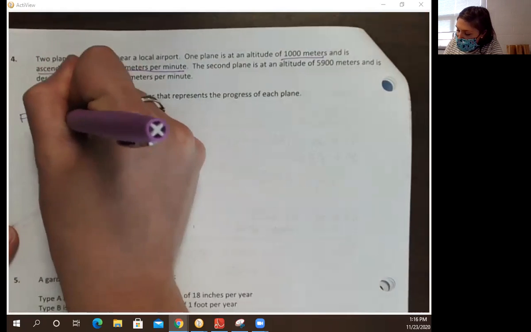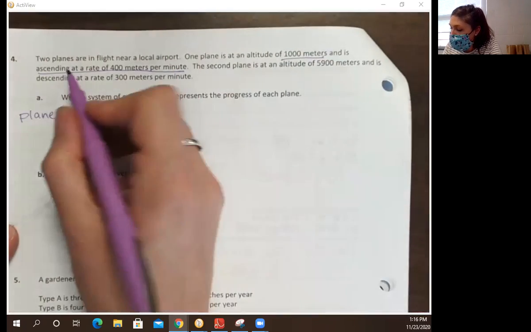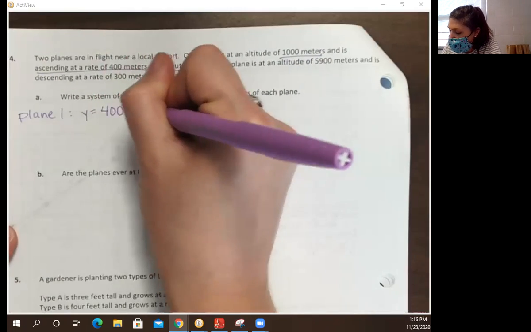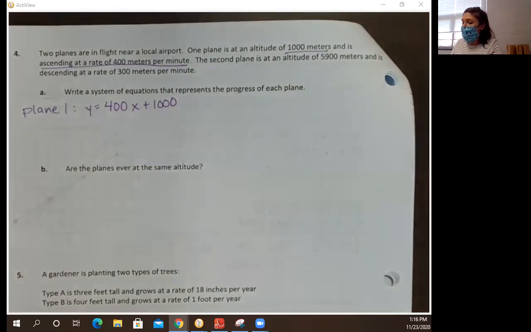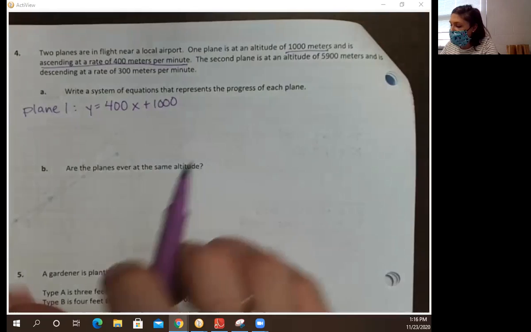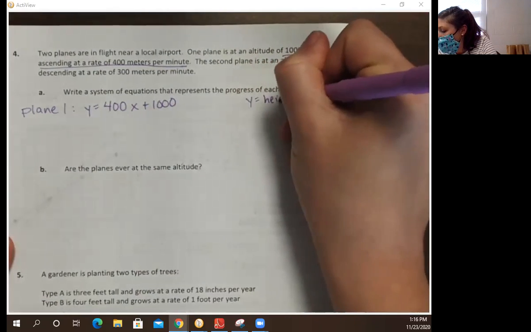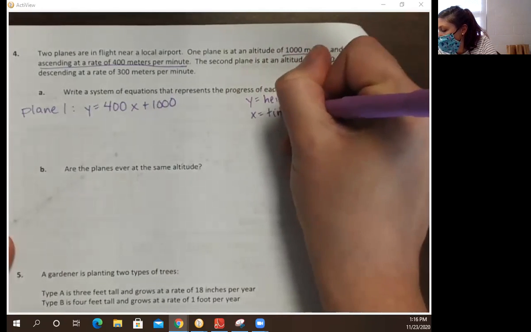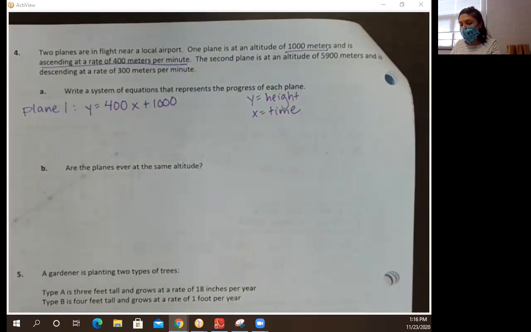So for plane 1, I would have y equals, ascending means we're going up, 400x plus 1,000. And then the second plane, let me define my variables. Y would be the height or the altitude of our plane. And then X would be our time. How long have I been ascending for this first plane?